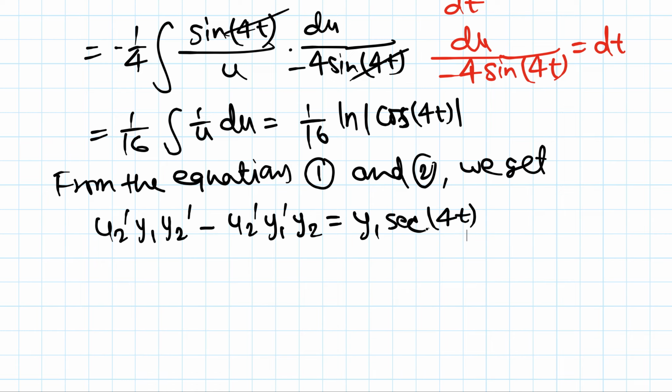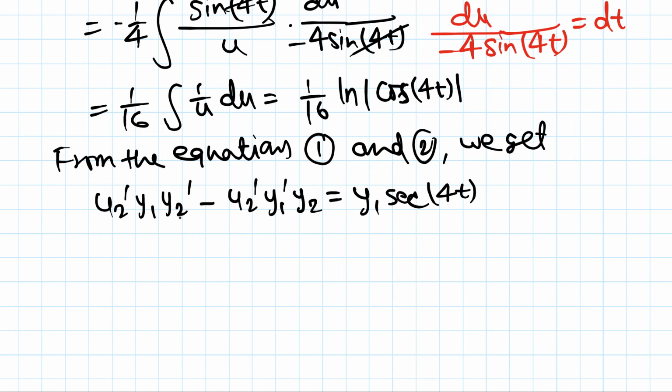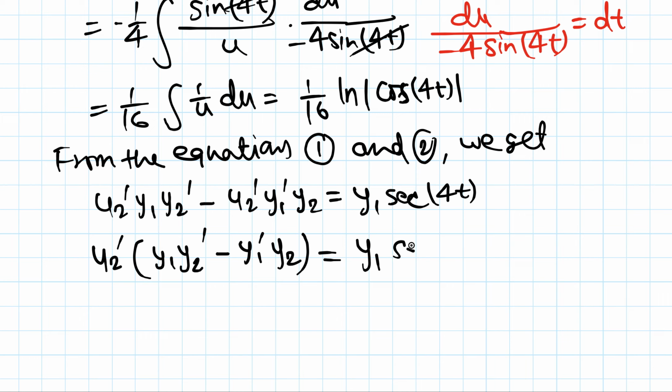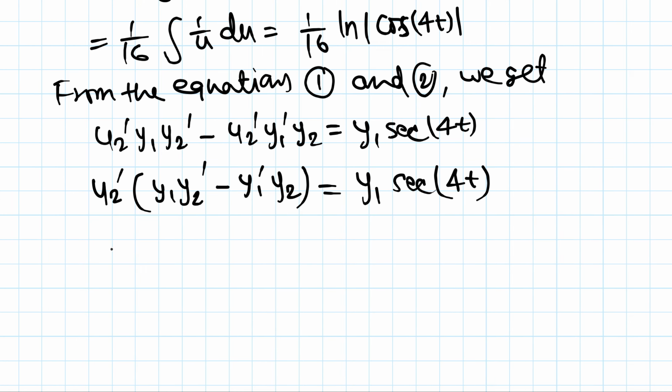Like in the previous, we can factor u2 prime out, that leaves y1 y2 prime minus y1 prime y2 equals y1 secant 40. Divide by this.